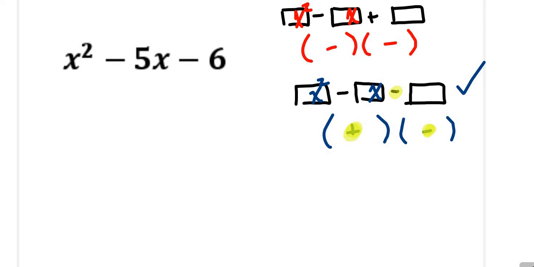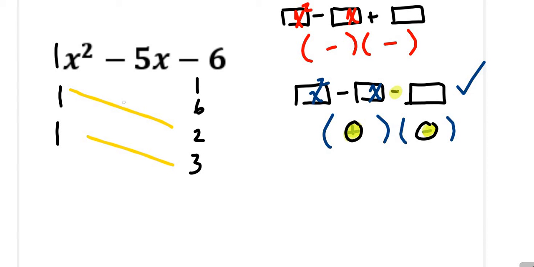So coming over here, I factor my 1 here, which is just 1 and 1, of course. I have 6, which would be 1 and 6, or 2 and 3. Now keep in mind that we are technically subtracting two factors. So if I go like this, and I get a 2 and a 3, 2 minus 3 or 3 minus 2 is going to get me 1.